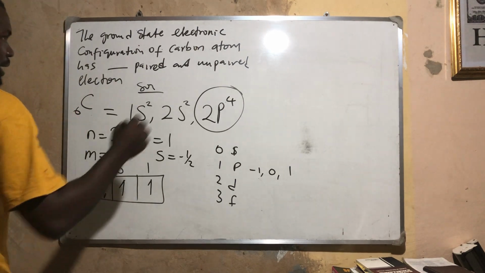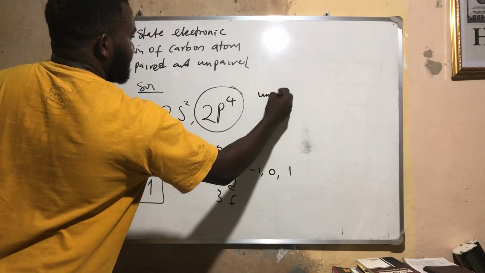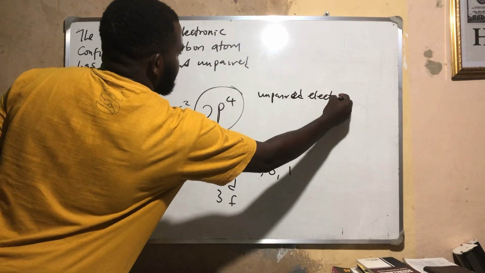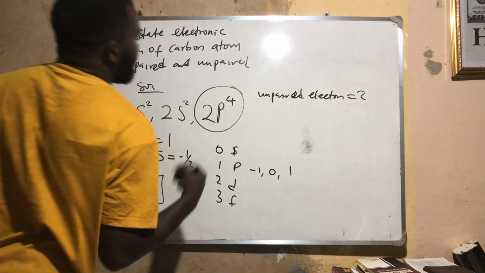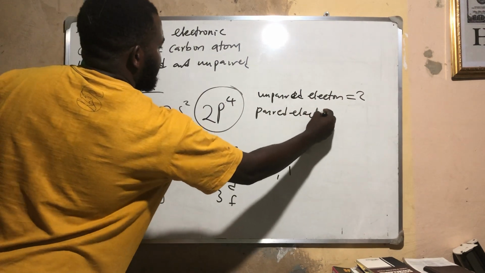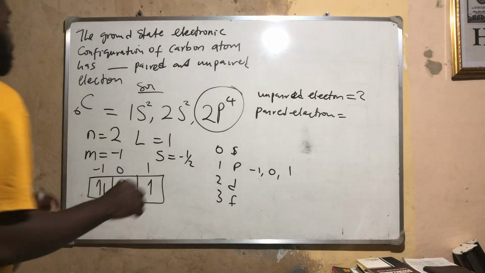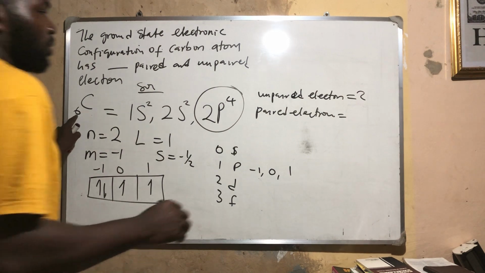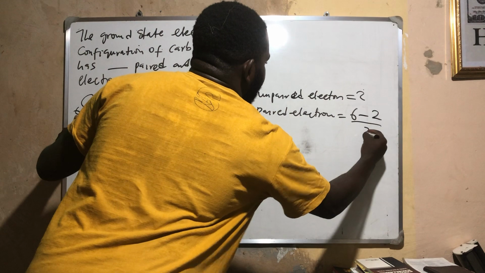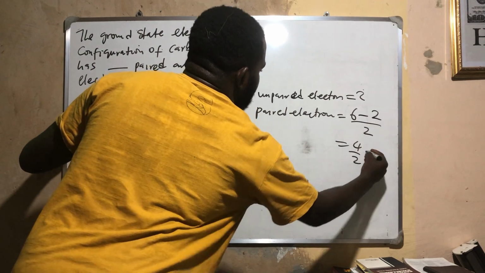So for the unpaired electrons, let me write here: unpaired electrons equal 2. Now for the paired electrons, we have a total of 6 electrons. So we say 6 electrons minus the unpaired electrons, then divided by 2. So you have 4 divided by 2, which is 2.